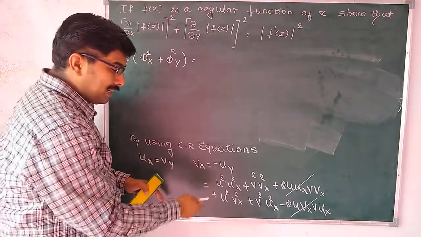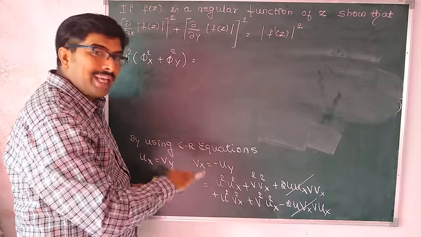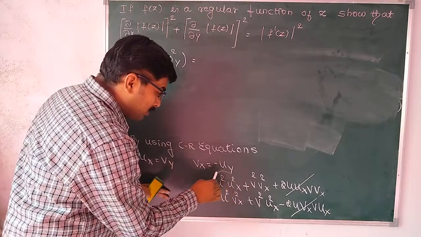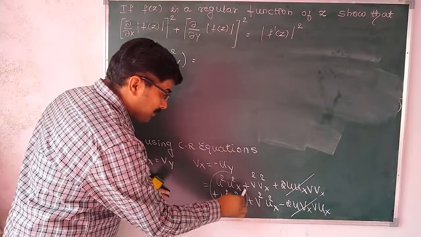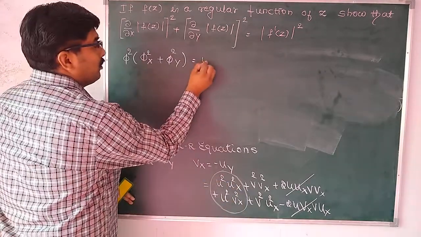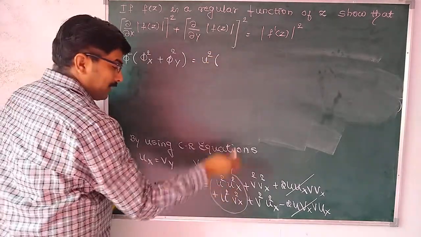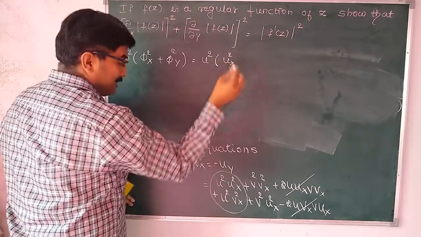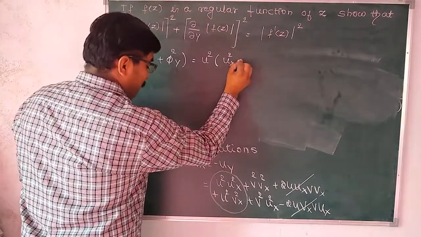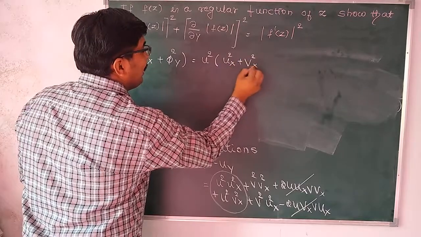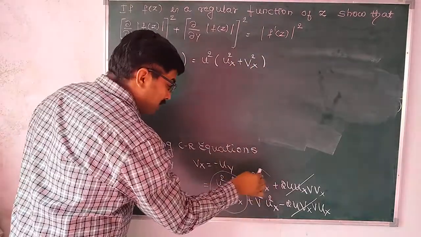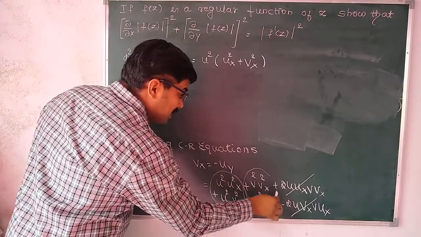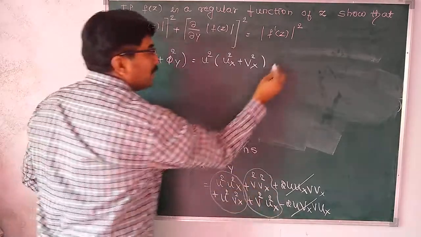Now collect the term containing u square and take u square common. The term containing u square from these two terms, if you take u square common, what are the remaining terms? Here we are left with u square x, and then plus v square x. Similarly, from these two terms you can take v square common.